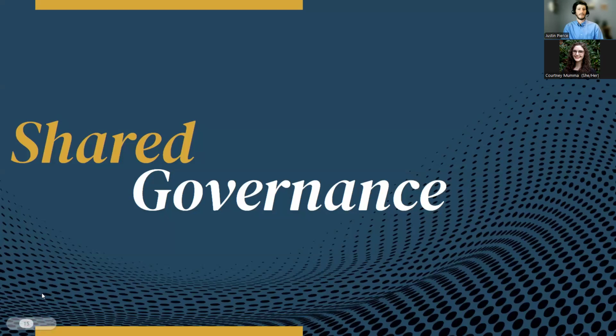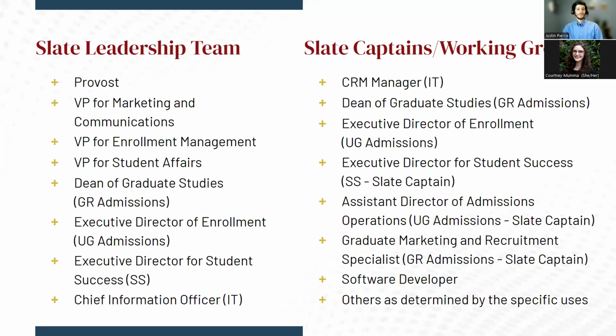And so talking about shared governance of a shared instance, getting people together across campus to make these important decisions that go beyond one particular office or unit. We were so lucky that one of our partners was willing to share more information about their Slate leadership team. What does that mean? What does that look like? As well as their Slate working group.